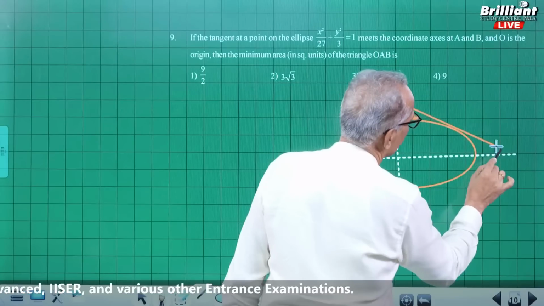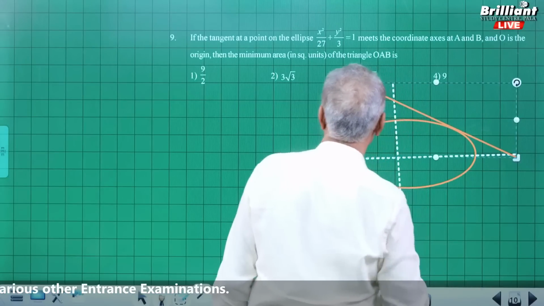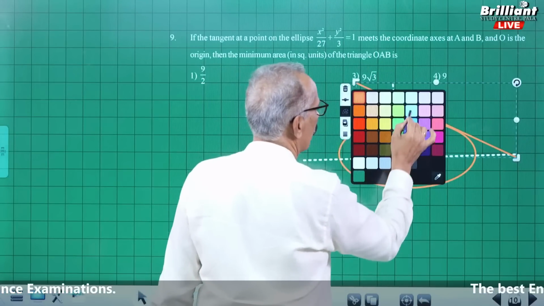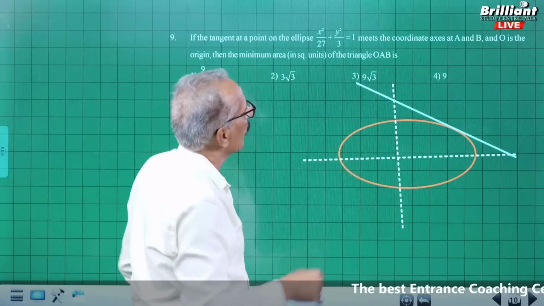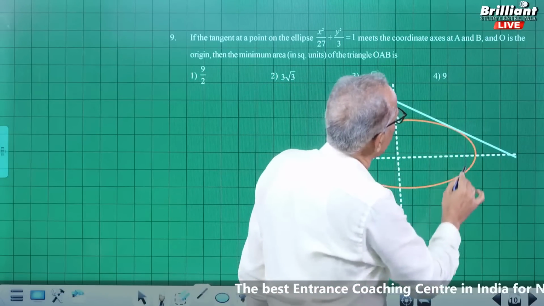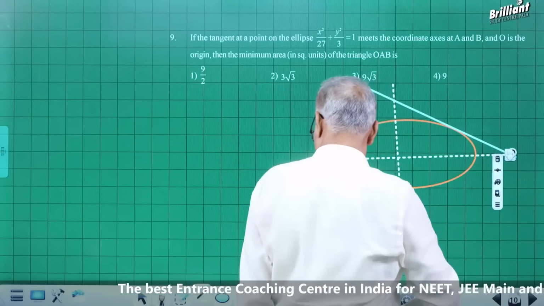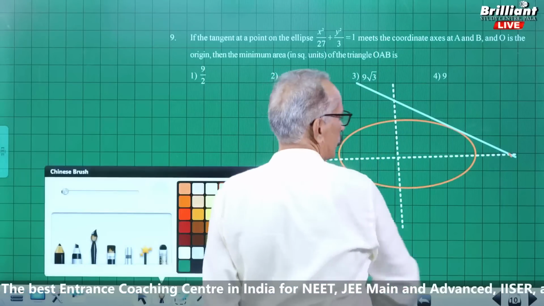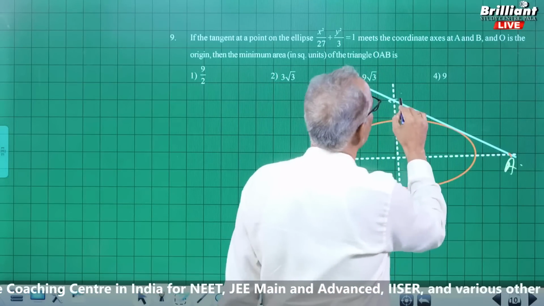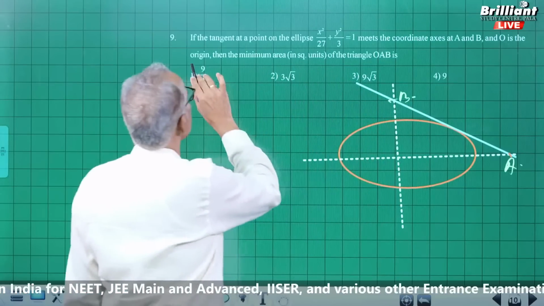This is the tangent, and there are many tangents. So that is why: it meets the coordinate axes at A and B. This is the point A. This is the point B. And O is the origin.